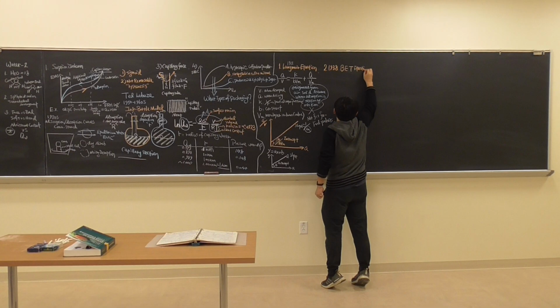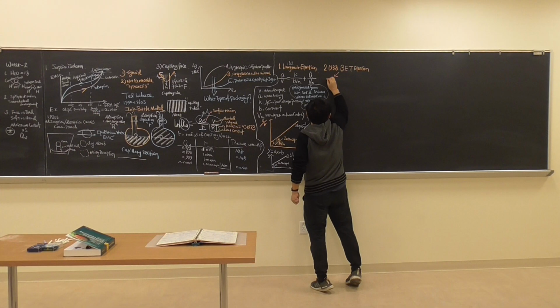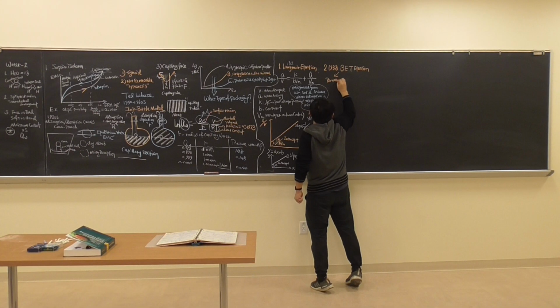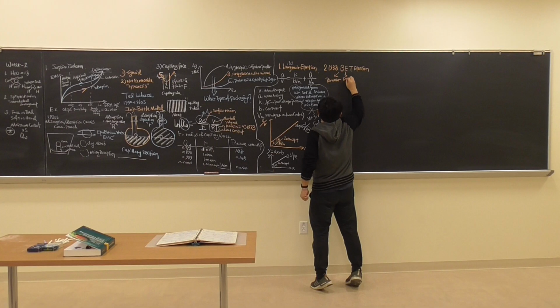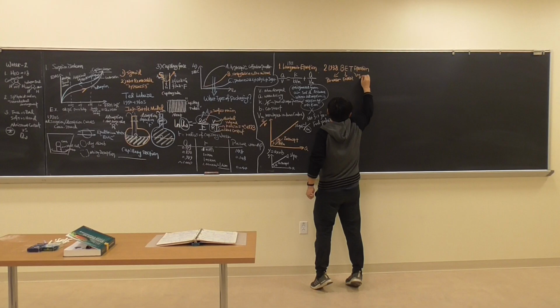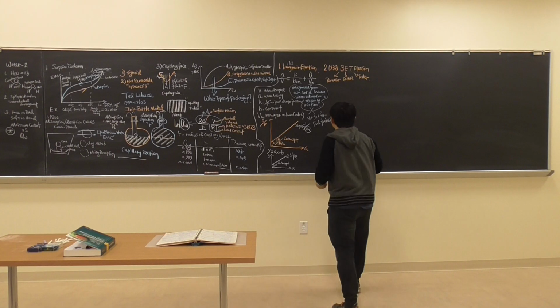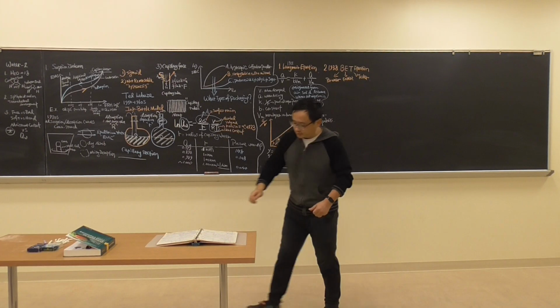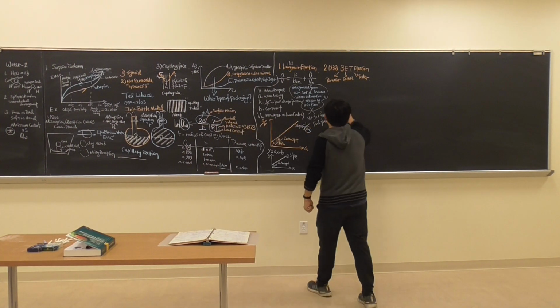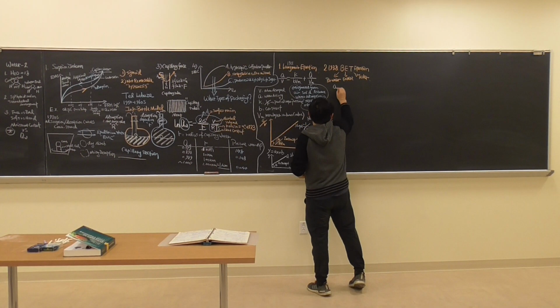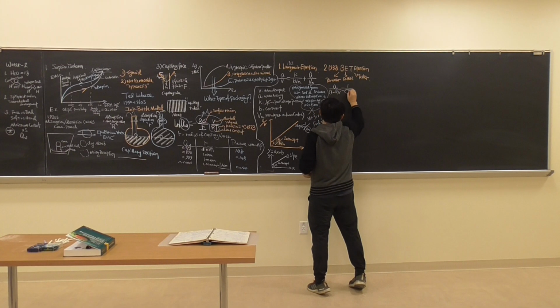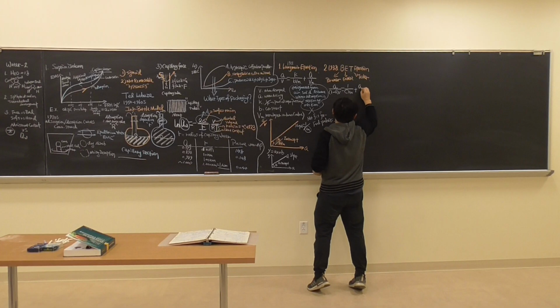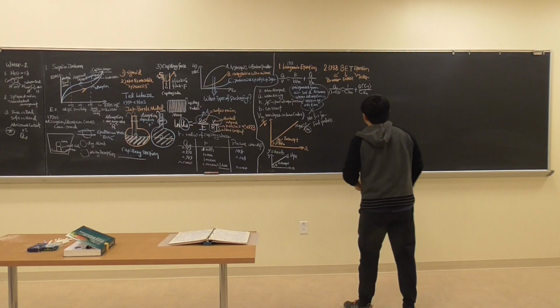The BET equation, named by Brunauer, Emmett, and Taylor in 1938. What it looks like, the equation is a little bit complicated. It is A, the water activity, divided by V, equals 1 over CVm, plus (C minus 1) over CVm times A. So what is A?